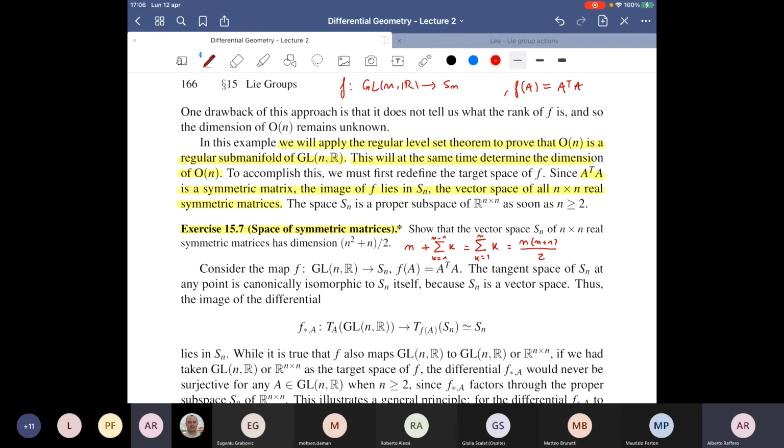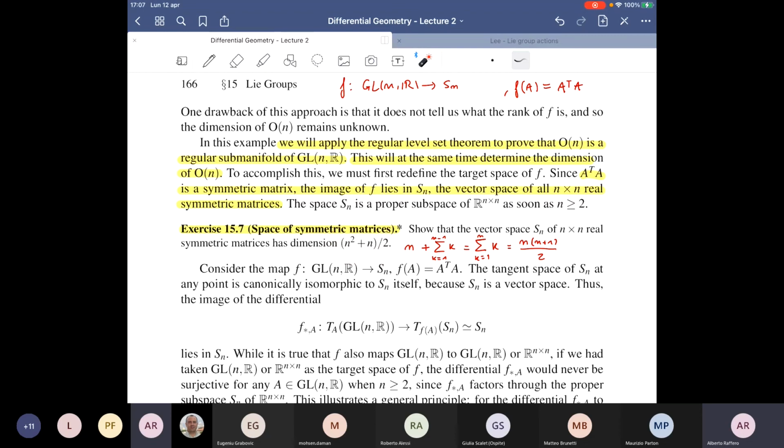The space of symmetric matrices is a vector space, and in particular it is a proper subspace of the space of square matrices, and you can compute its dimension. Its dimension is n squared plus n over 2.